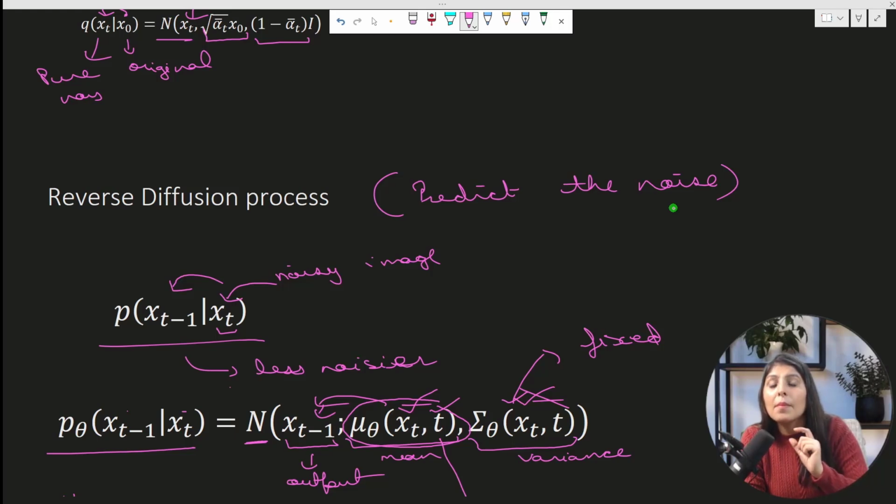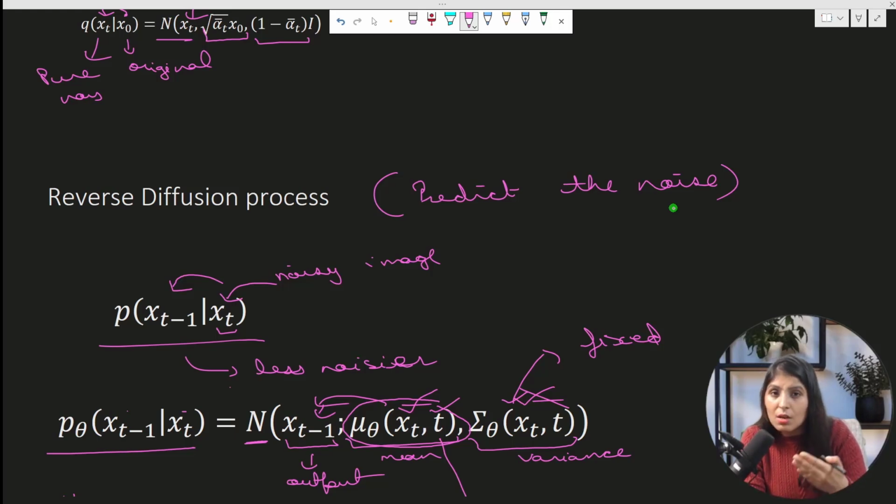I'm just giving you a basic idea of what the goal of the reverse diffusion model is. The reverse diffusion model will give you a less noisier image, and for that we will train our model to predict the noise.